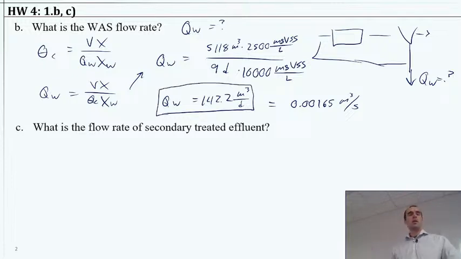Okay. All right, so then next up we ask, what is the flow rate of treated effluent? The question here is really getting at how much flow is leaving the plant, or leaving the system out the effluent of the secondary clarifier. So QE is what we can call this one.